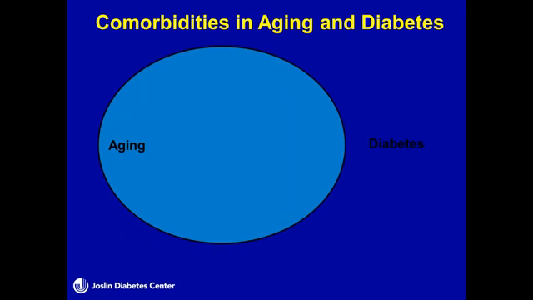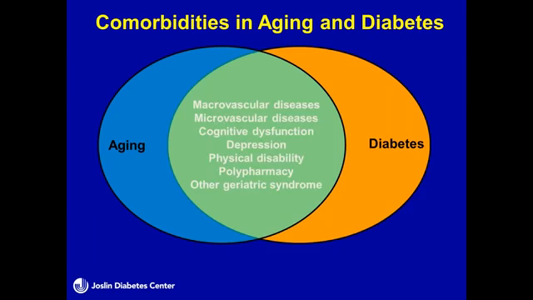However, there are several complications and several comorbidities that can play a role in this group. Macrovascular and microvascular complications, as previously discussed for the adult population. However, cognitive dysfunction, which I will discuss a little more in the next slide, can interfere with the management.